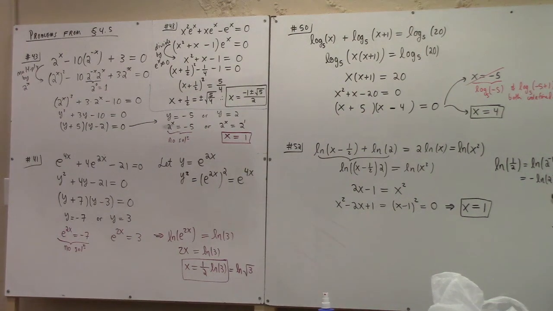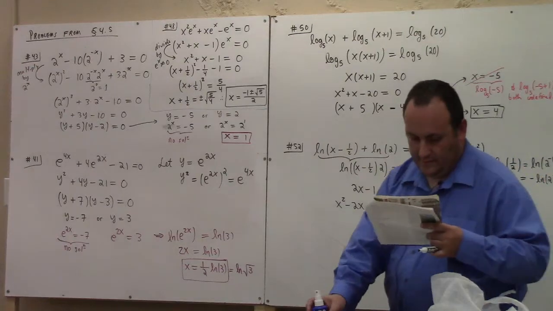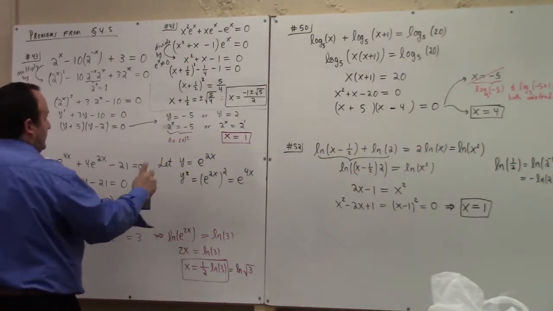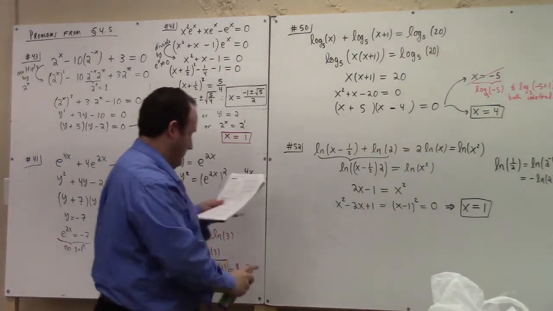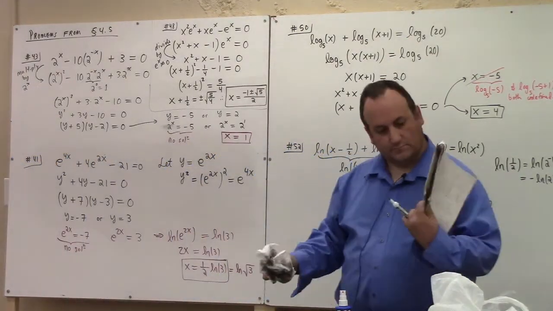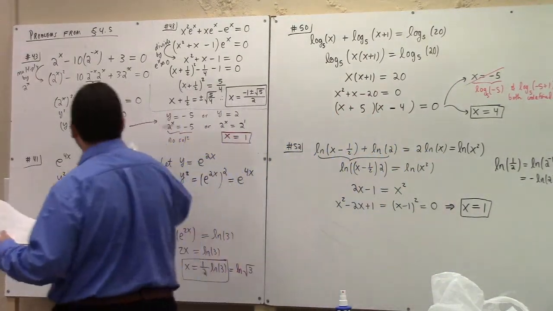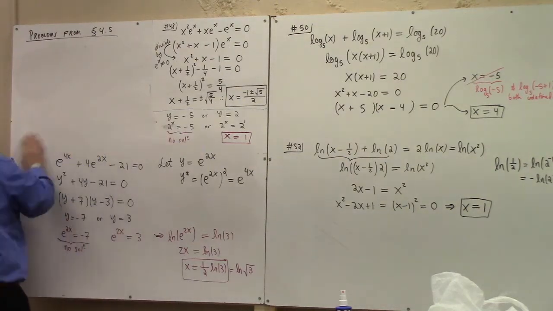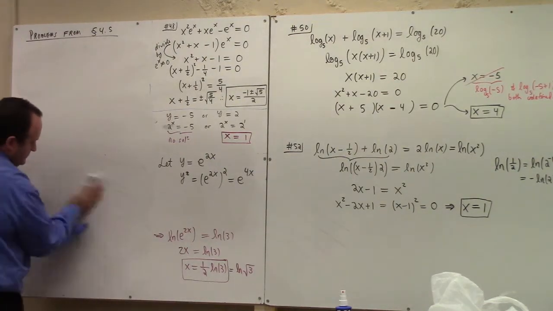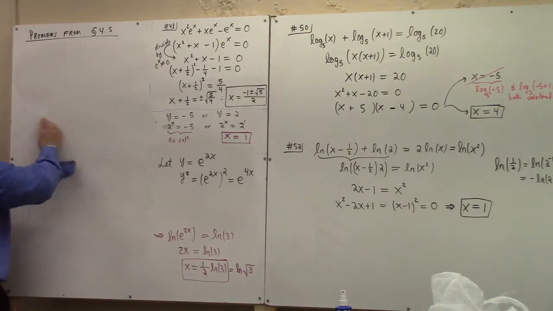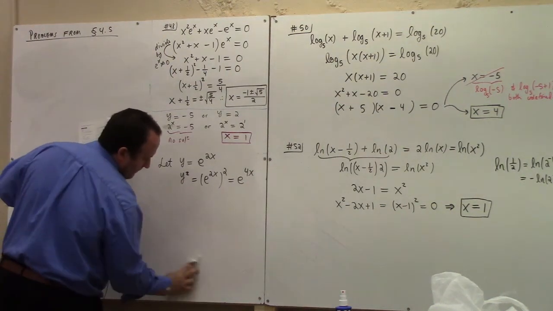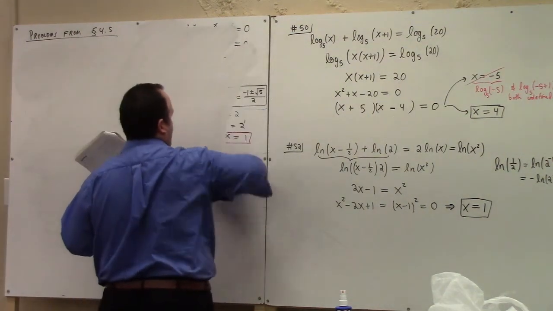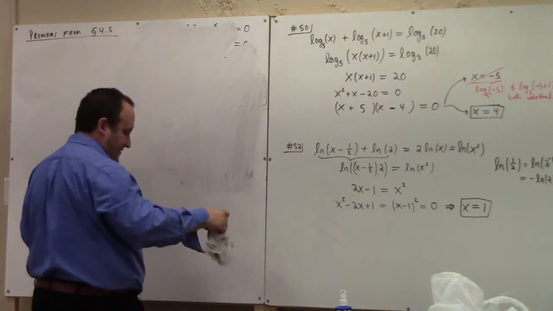All right, now problems 55 through 68, they've got kind of a different flavor to them. Let's see how those go.